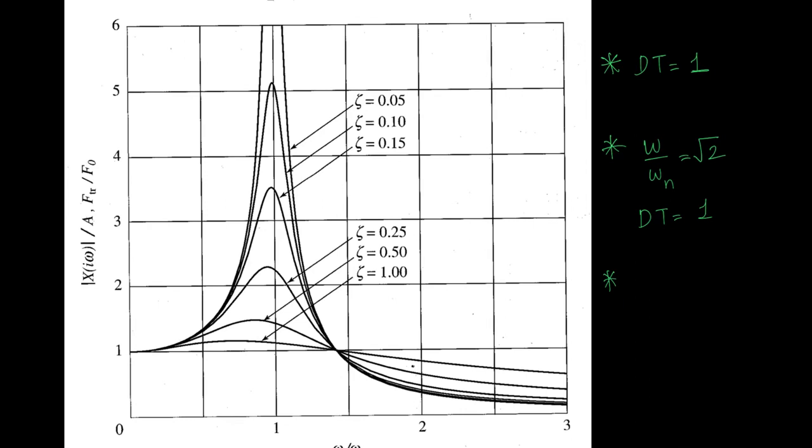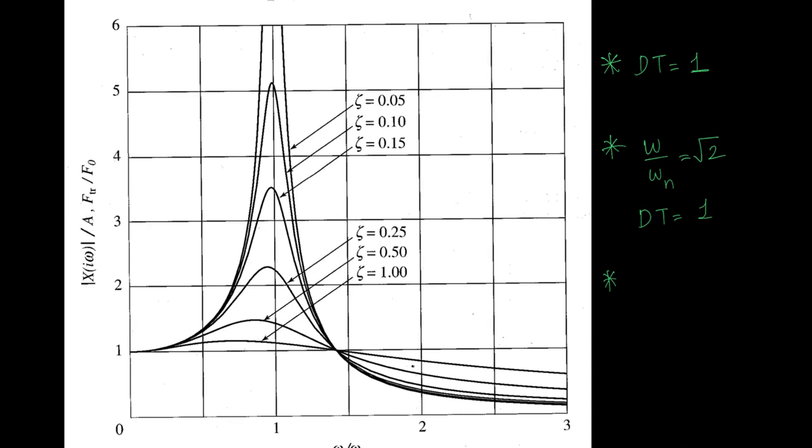That means I should decide upon the value of omega n so that your whole system works somewhere around here, where your displacement transmissibility is less than 1. So if your base is vibrating with an amplitude of 10 mm, then your structure won't see that 10 mm. It may see 0.1, it may see 0.01 according to the value of displacement transmissibility.